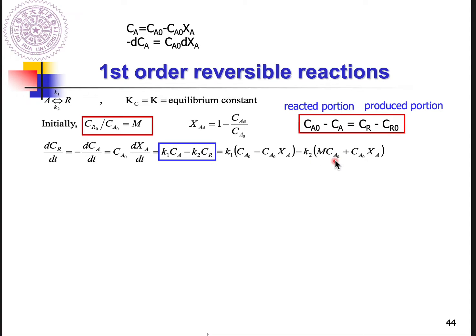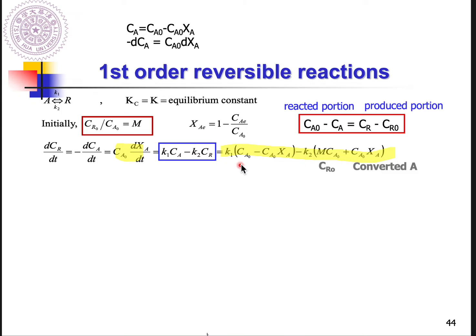It becomes Cr0, the initial concentration of R. Cr0 becomes m times Ca0, plus the reacted portion converted to R, so you add the same amount, Ca0 Xa, the converted A that becomes R. So now you have this differential equation of Xa, right?